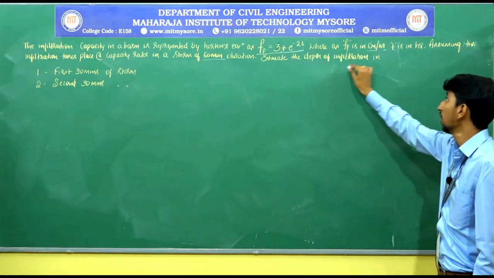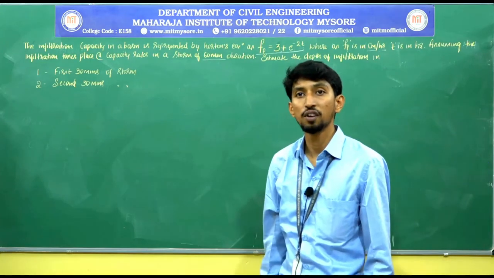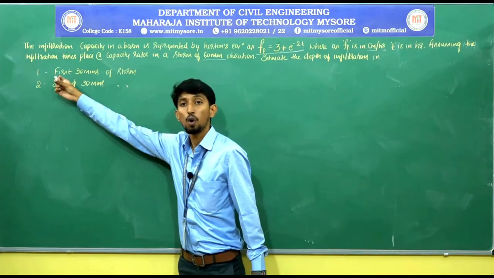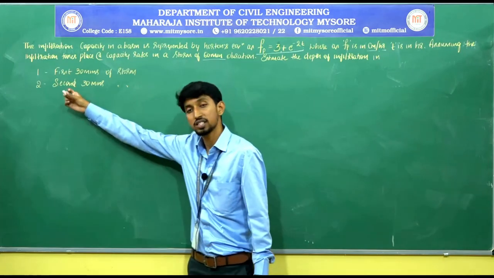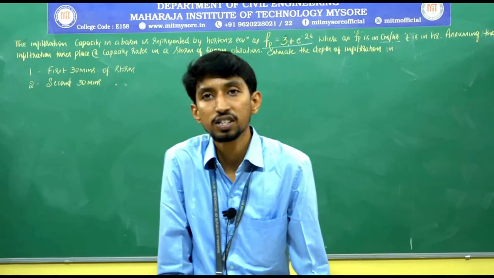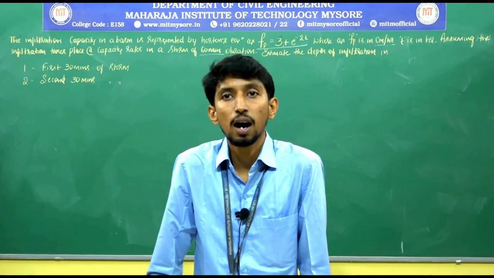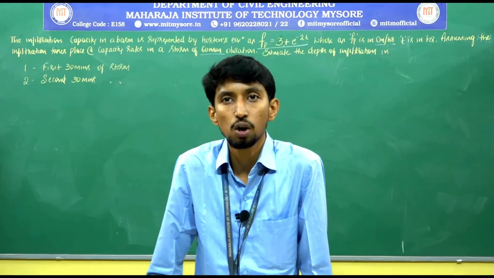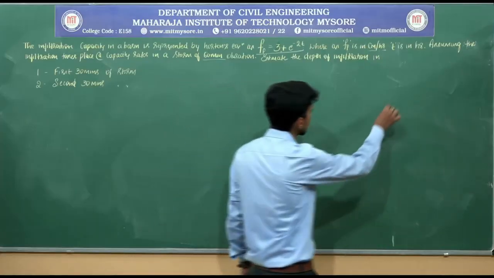Now estimate the depth of infiltration. He has also mentioned two conditions. The first condition is the infiltration depth in the first 30 minutes, and the second is the infiltration in the next 30 minutes. You all know that the infiltration rate is high at the beginning of the rainfall and slow at the end of the rainfall.